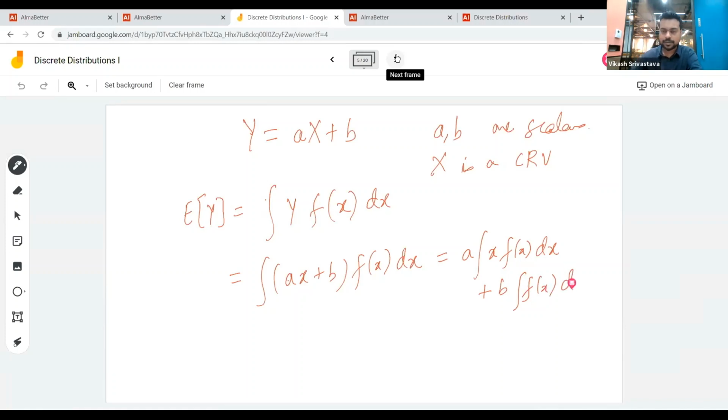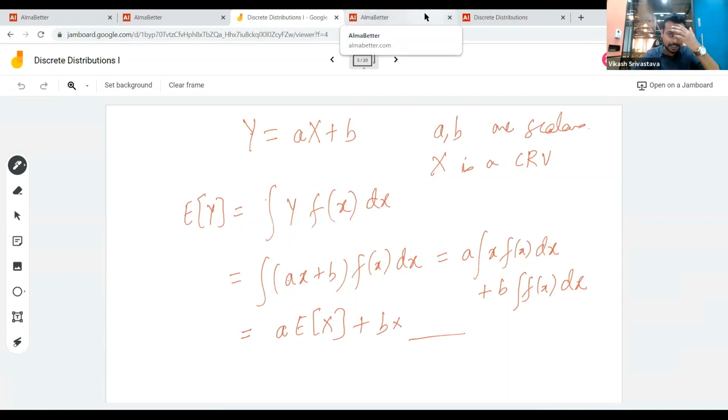So this will be a times the expectation of x plus b, and can you tell me what this term will be? Integral of fx dx.